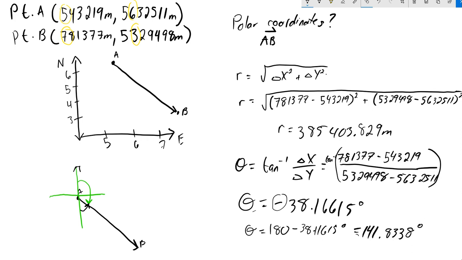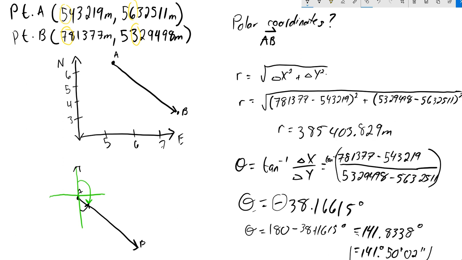Now this is in decimal degrees, so we want to switch that into HMS. So this becomes, once we've done that, 141 degrees and 50 minutes and 02 seconds.